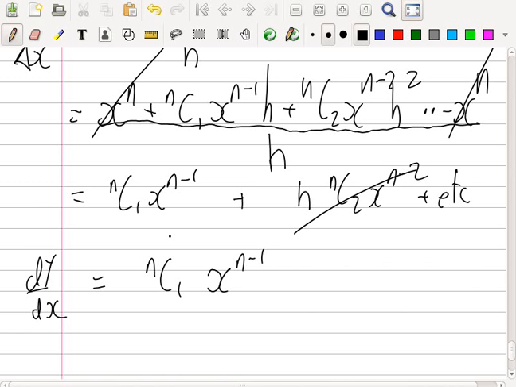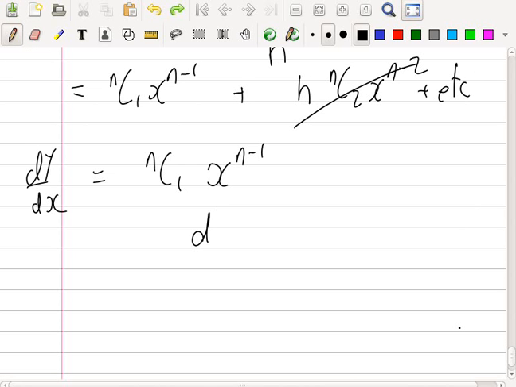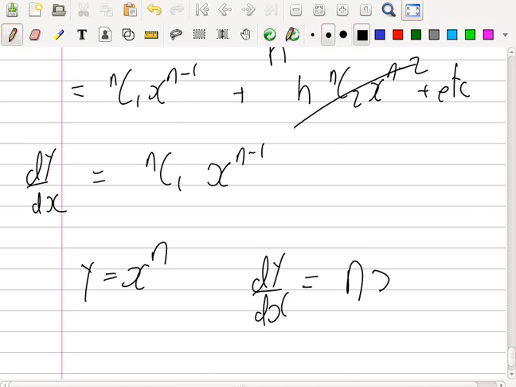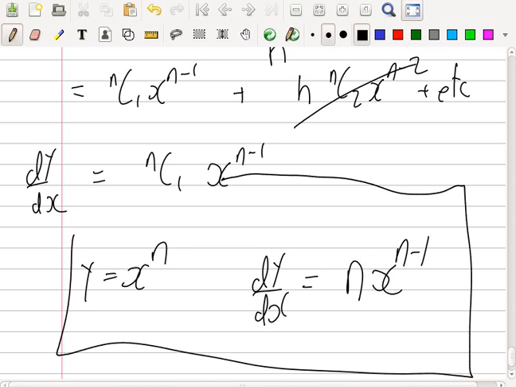So if I look at the nth line, what's nC1 going to be? n. So this is our first formula: if y equals x^n, then dy/dx equals n x^(n-1). It's important.